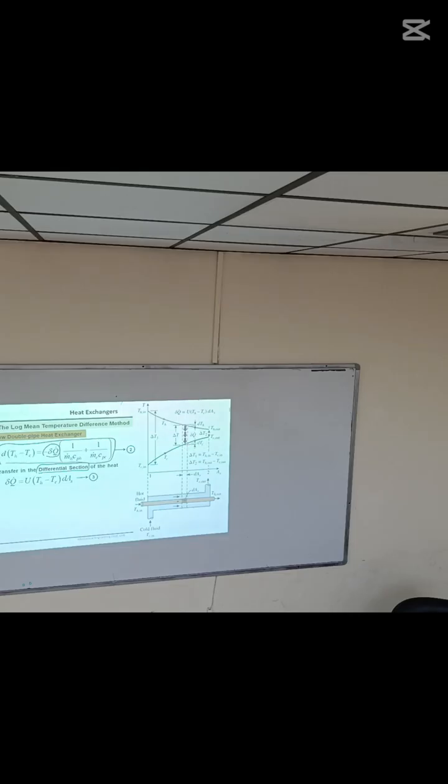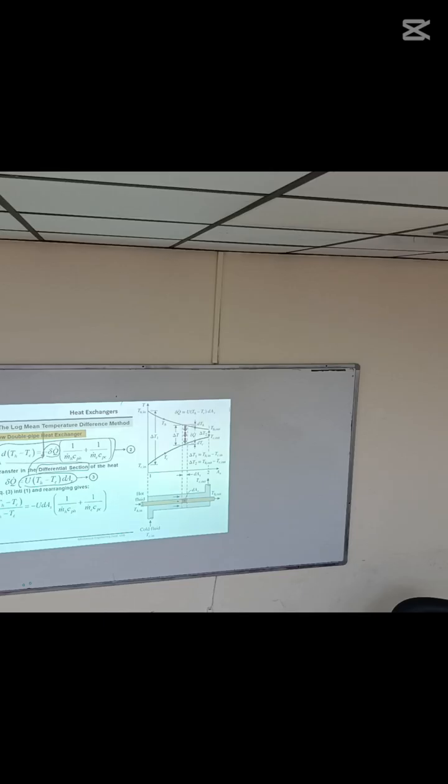Now we can equate these two del Q's. So here UA times this TH minus TC will go on the other side, or simply put this equation here and replace it here.